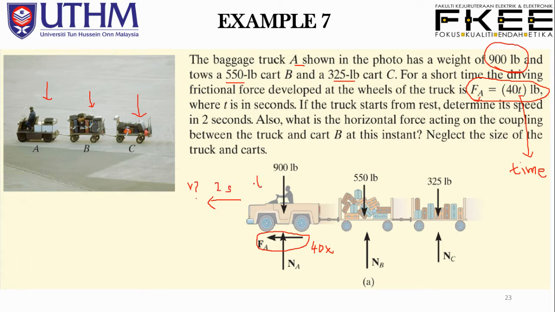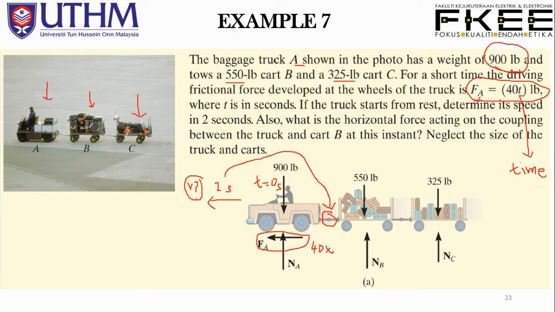So we have here t equal to 0 at standstill condition, for example, at resting position, and then we need to find the speed. Also, what is the horizontal force acting on the coupling between the truck and cart B at that instant? So after 2 seconds, we need to analyze the coupling between truck and cart B here.